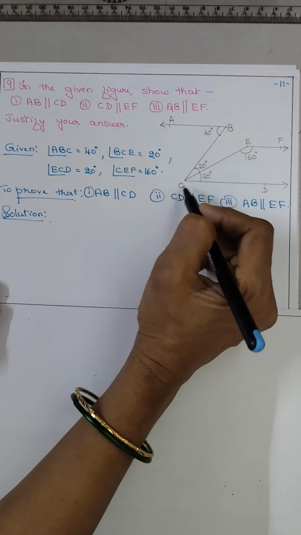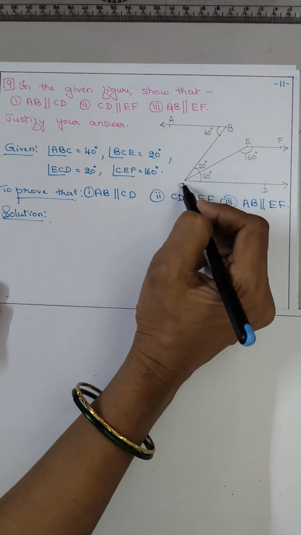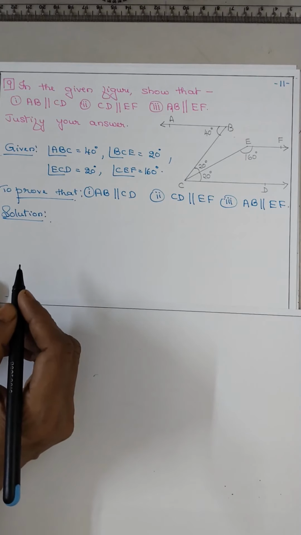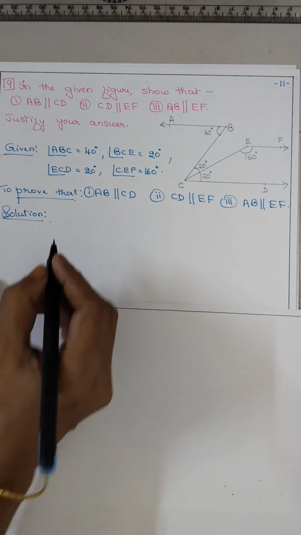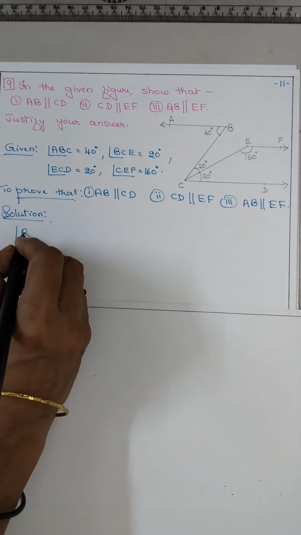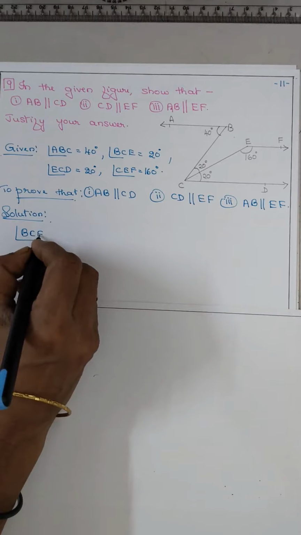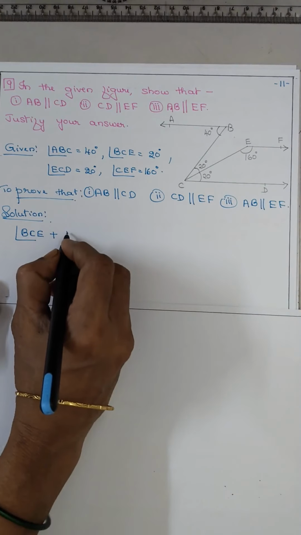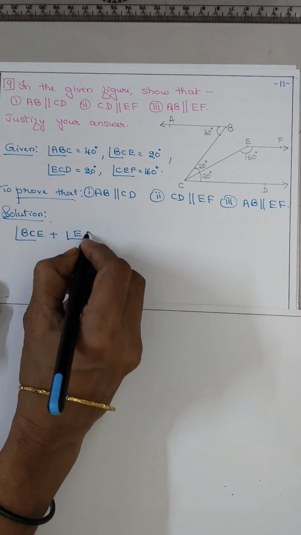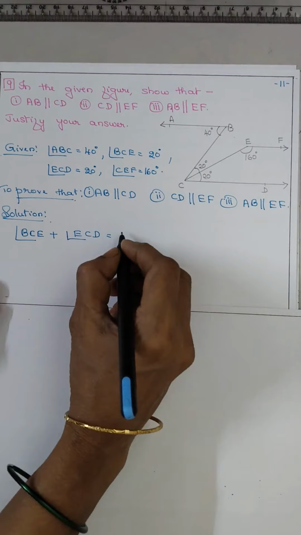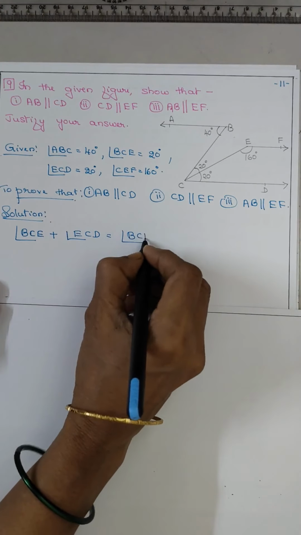First you tell BCE plus ECD. 20 plus 20, it will be 40, isn't it? So angle BCE plus angle ECD, it became angle BCD. Yes or no?